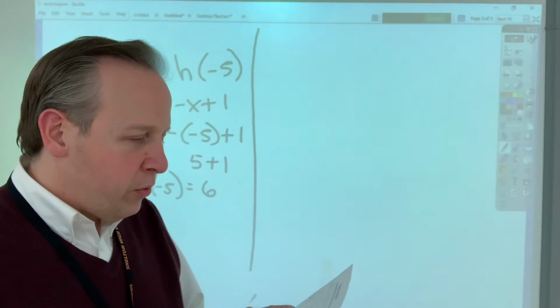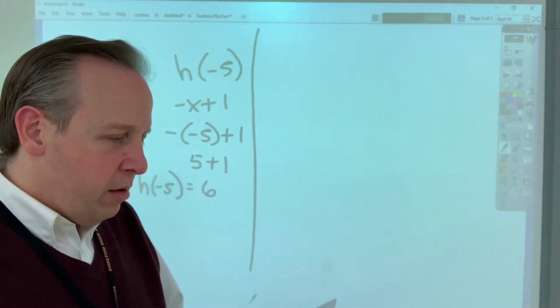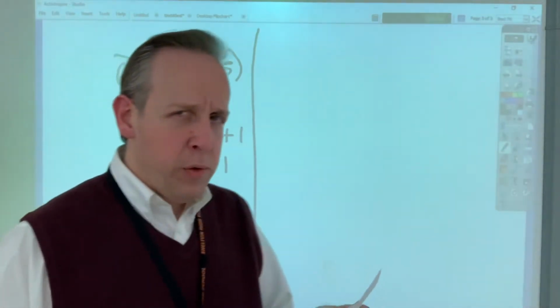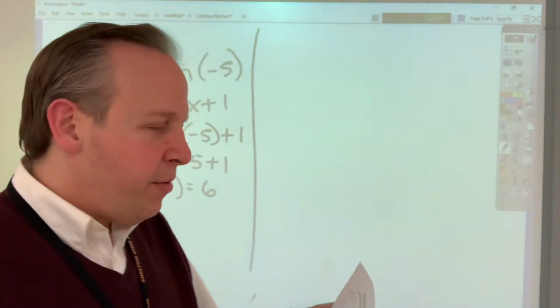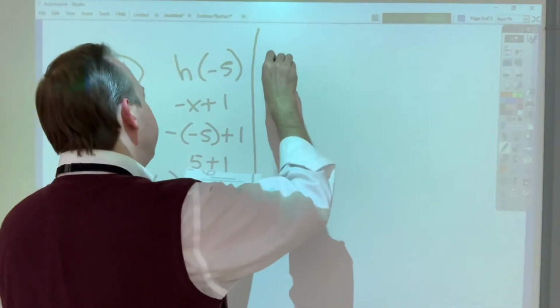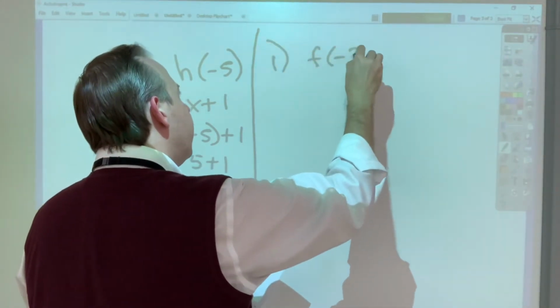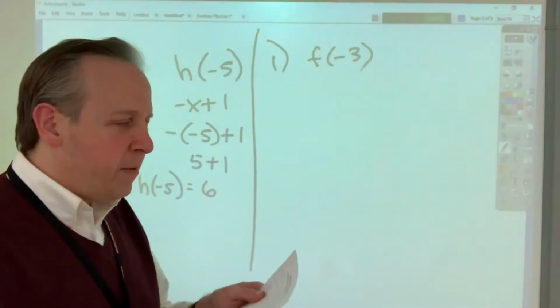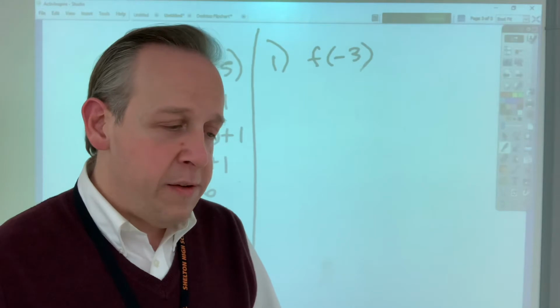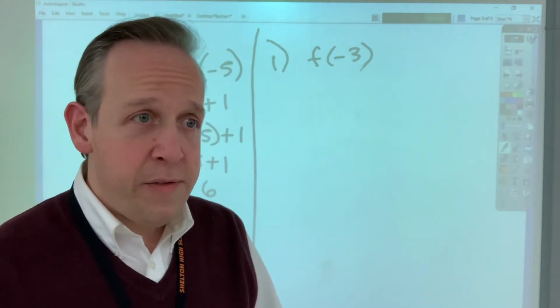Let's also try number 1. Number 1 says f of negative 3. So we're going to use the f function, obviously. The question is, is negative 3 less than or equal to negative 5, or greater than negative 5?